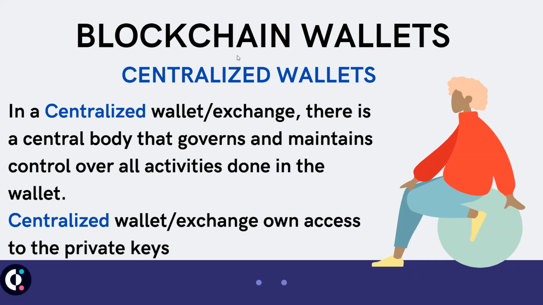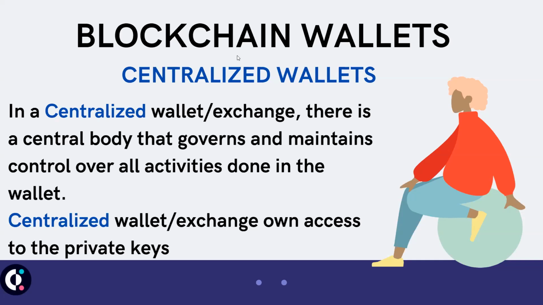Now, some people in the blockchain space, like I mentioned before, find this very conflicting. But what it means is that in a centralized wallet, you can trade your crypto there. You can change your local currency into cryptocurrency, and from your cryptocurrency you can change back to your fiat currency.